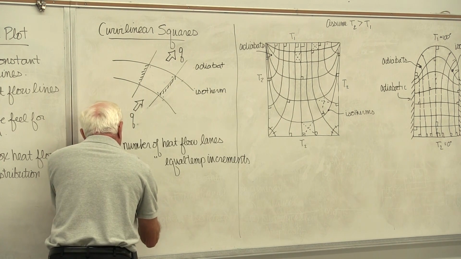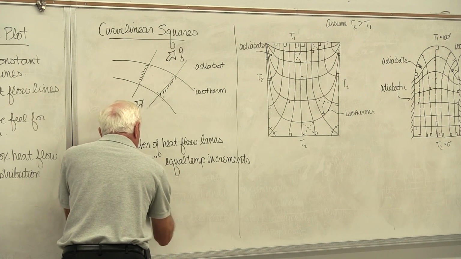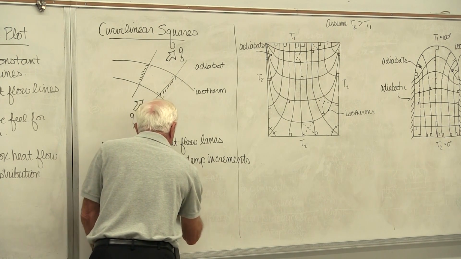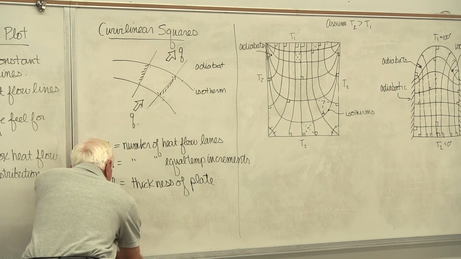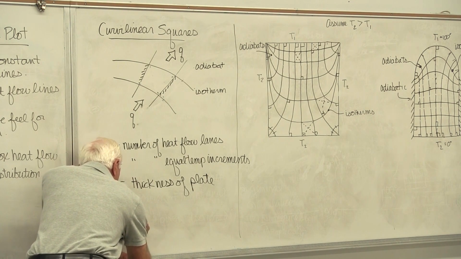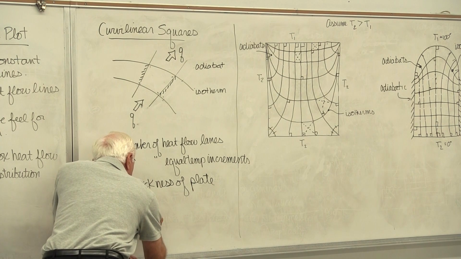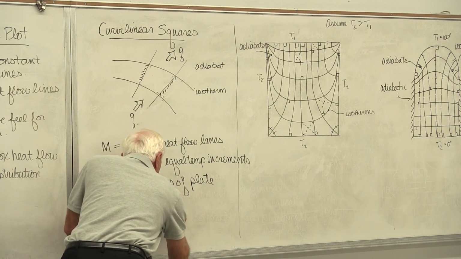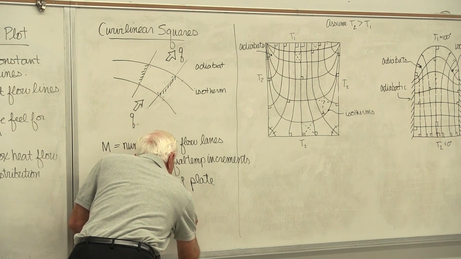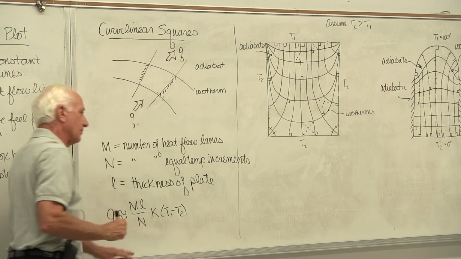L is going to be the thickness of the plate. And the way you get an approximate heat flow once you draw your diagram is M times L over N times K, times T1 minus T2, T hot minus T cold.